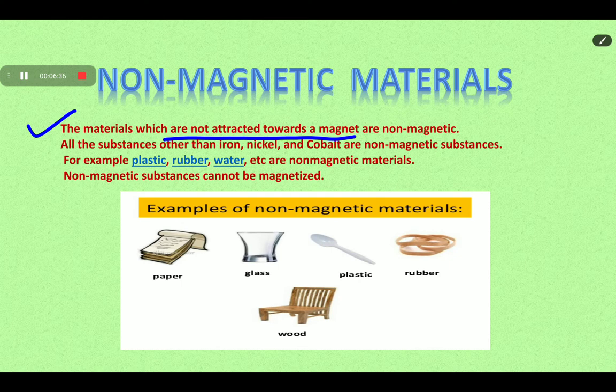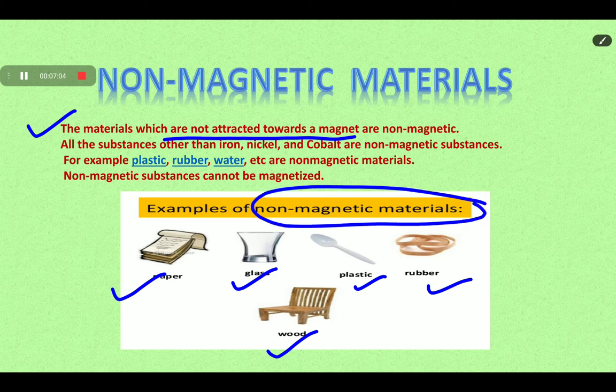For example, paper, glass, plastic, rubber, wood. These are some materials which are not ferromagnetic substances, so these are not attracted to a magnet. And as these are not attracted to a magnet, these all are known as non-magnetic materials.